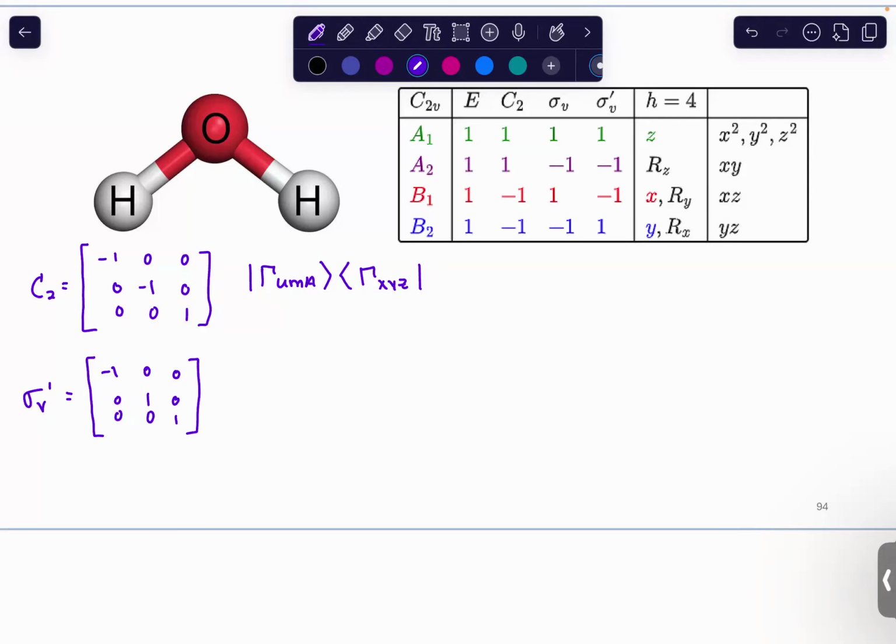All right, so for gamma UMA, for E it's 3. For C2 it's 1. For sigma V it's 3. And for sigma V prime it's 1. Did you get that one? Yeah. Okay.